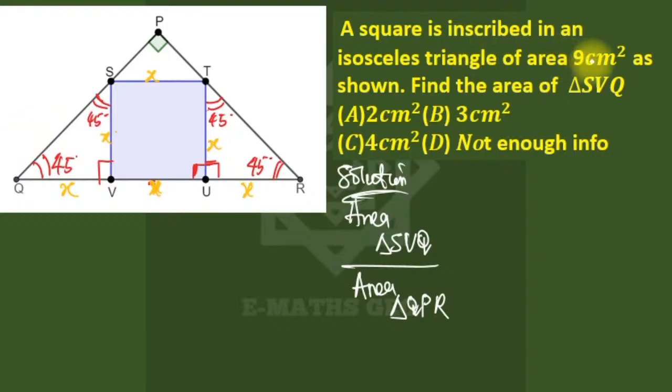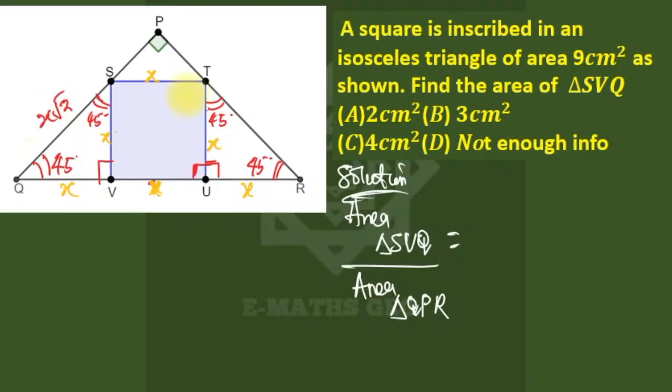So using the formula we've learned, which is always the ratio of the squares of the corresponding sides, we'll compare with the hypotenuse. We need to get the hypotenuse of this. The hypotenuse here, this is x, this is x, so this is x times √2.